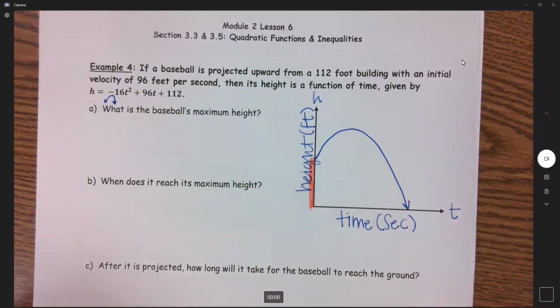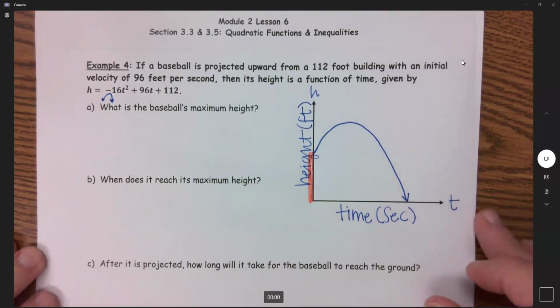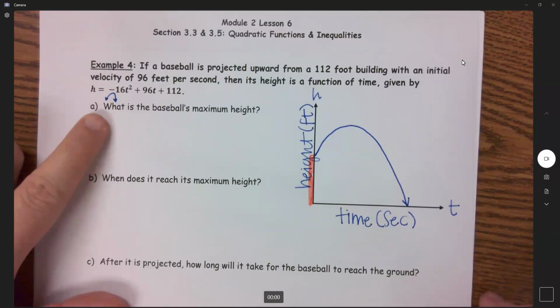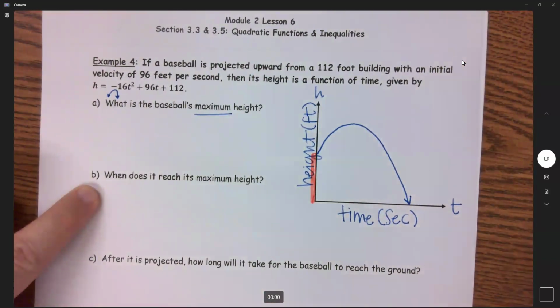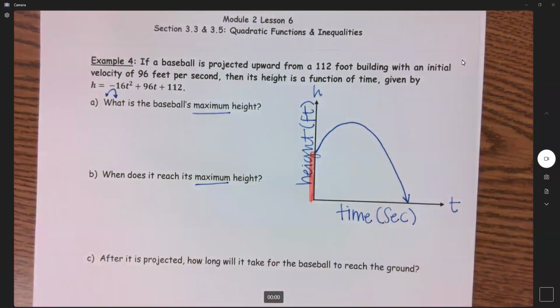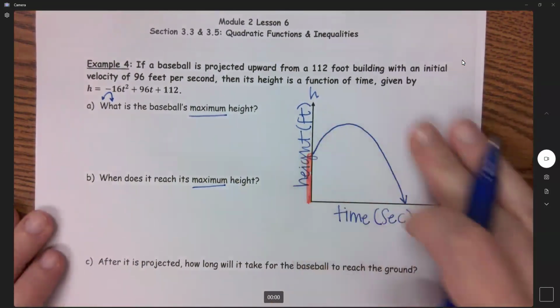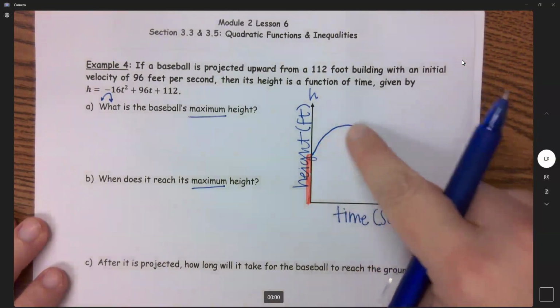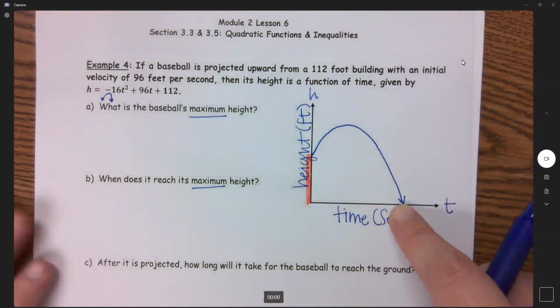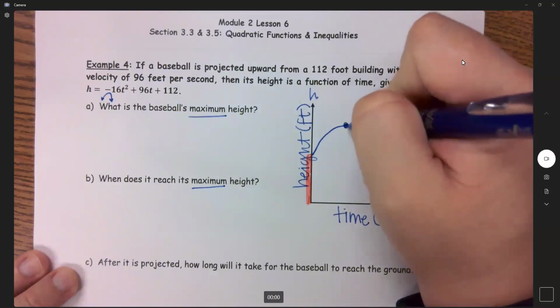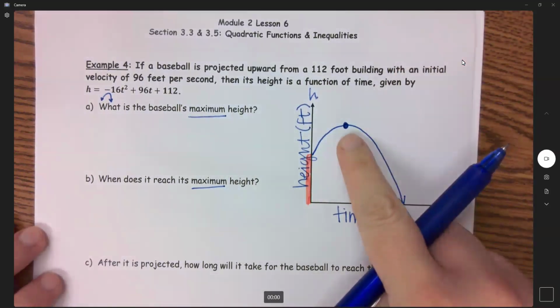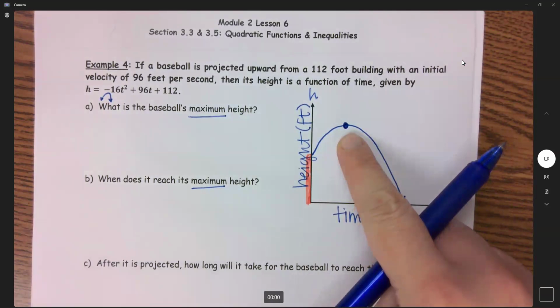So for part A and part B, it wants to know what is the baseball's maximum height and when does it reach its maximum height? Well, looking at this graph, this being the trajectory of the ball, what vocabulary have we been using that would talk about this maximum height right here?